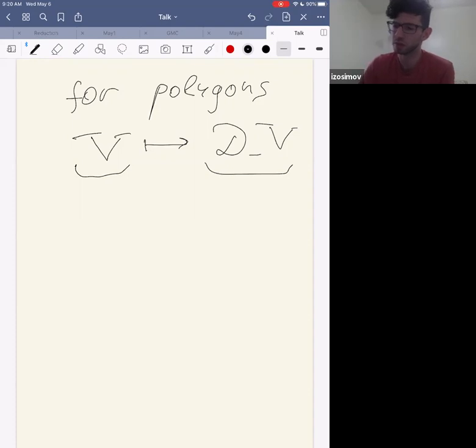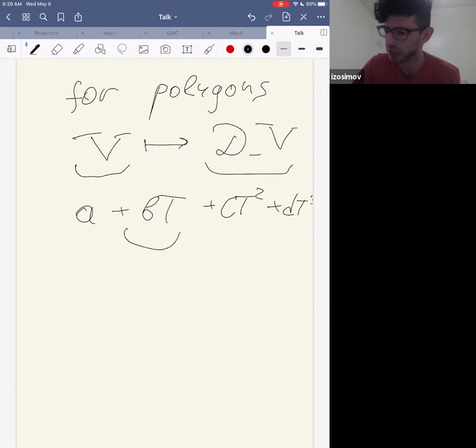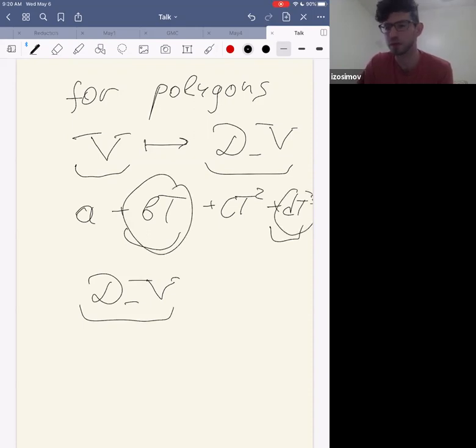Because, well, recall what is D minus v. D was an operator of this form a plus bt plus ct squared plus dt cubed. And D minus is the bt plus dt cubed part. So if we apply D minus to v, this will involve a shift by 1 and a shift by 3.